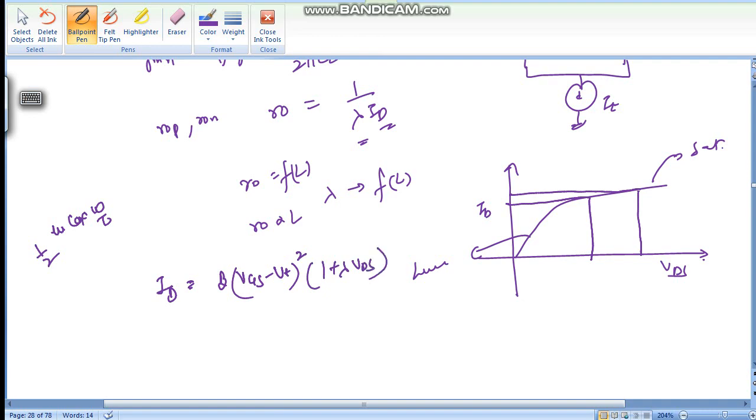So for two values, say ID1, ID2, VDS1, VDS2.